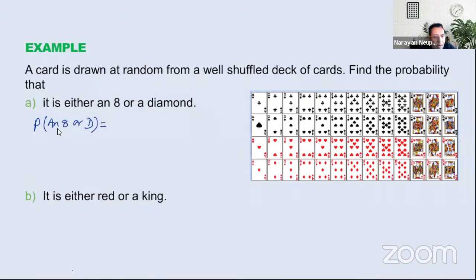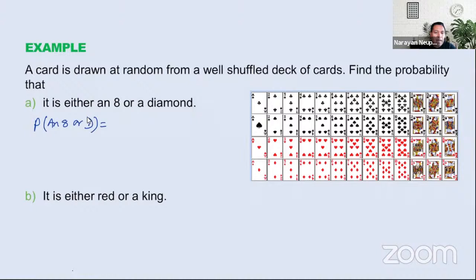So we are looking for the probability of getting an 8 or a diamond. There is "or," so this is the addition rule. But now we have to see whether there is anything common between these two. Can we have an 8 which is also a diamond? The answer is yes, because this card here is an 8 and also a diamond.